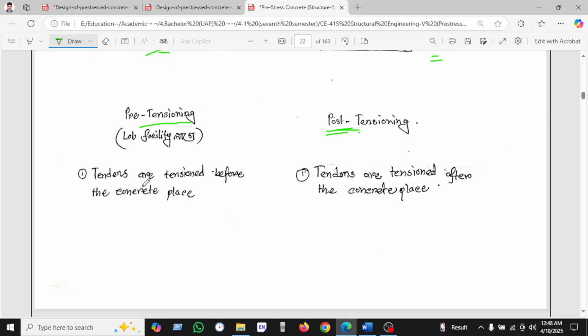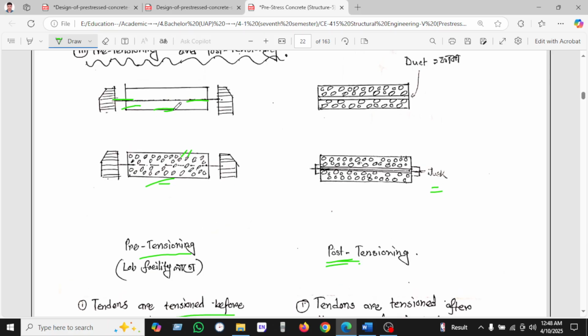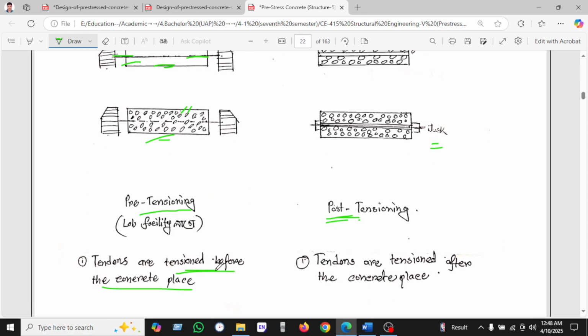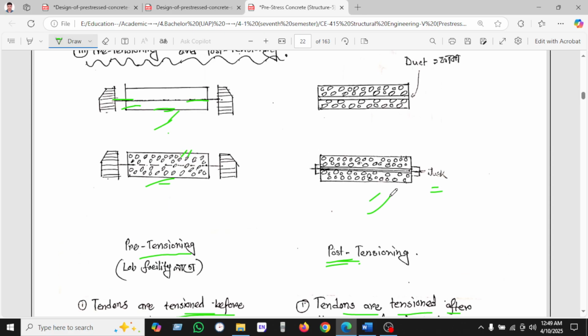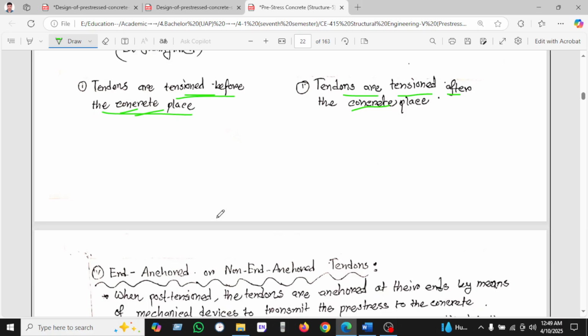So here the tendons are tensioned before the concrete phase. And here the tendons are tensioned after the concrete phase, when the tendon is placed.